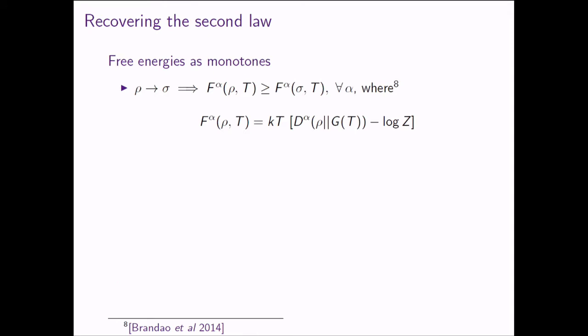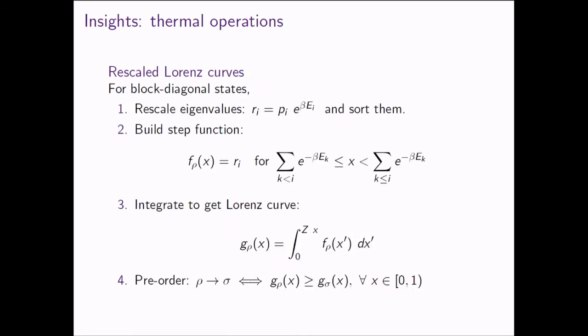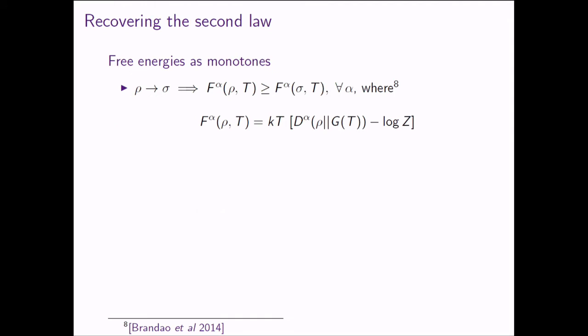So, I'll talk about what is the sufficient condition, what's the necessary condition. One thing that you get from here, so this pre-order, as I said, is only completely defined on block diagonal states. Okay.